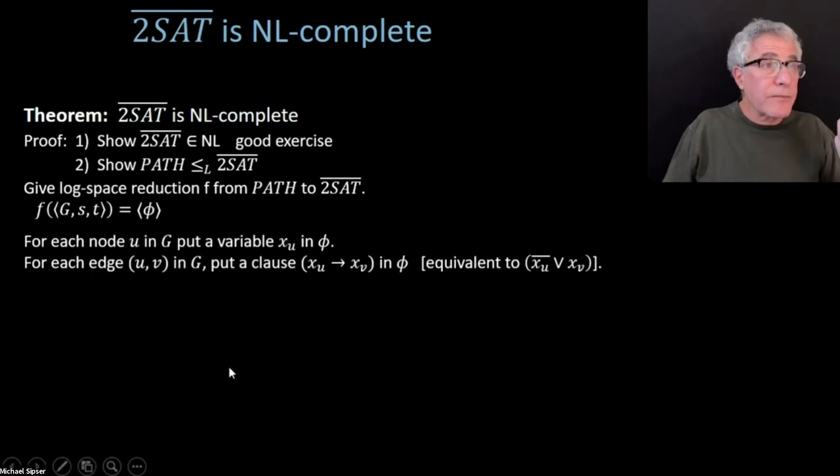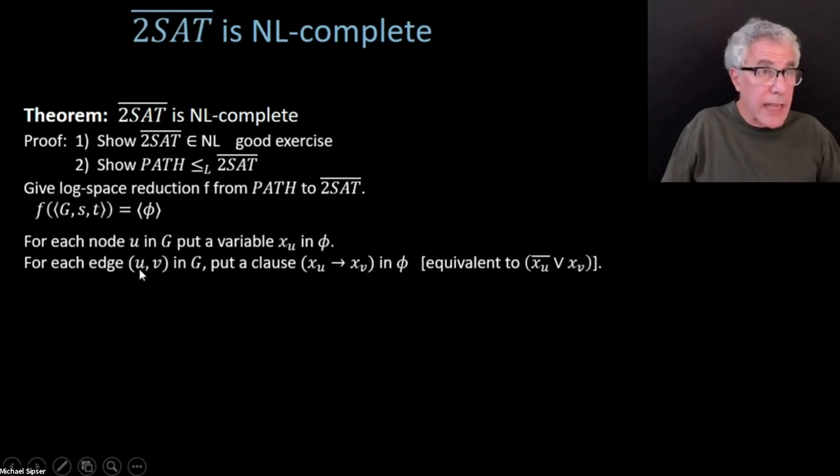So every node in G is going to have an associated variable in the formula. So there's a variable for every one of the nodes. For every edge, there's going to be a clause of implication connecting those two associated nodes.